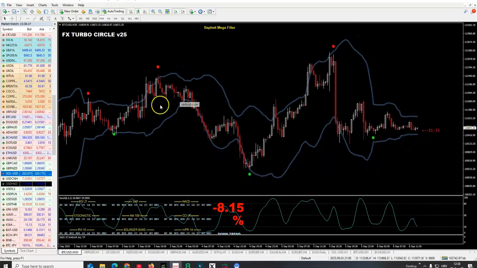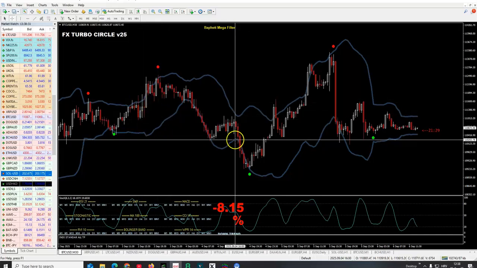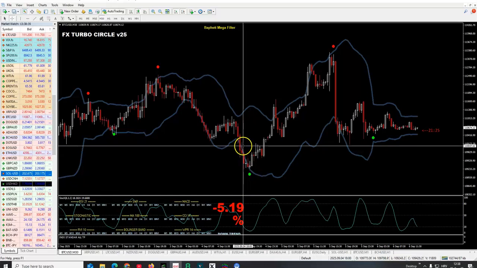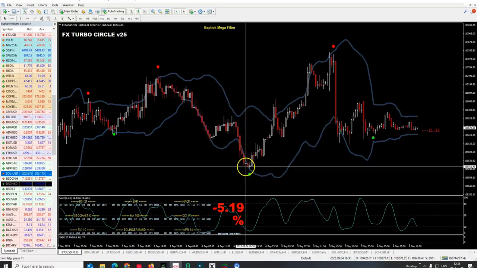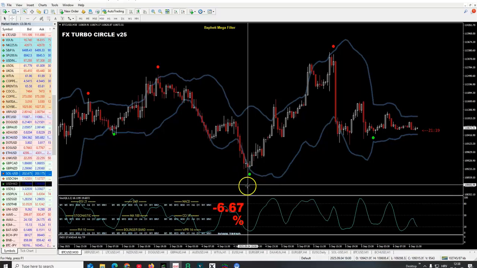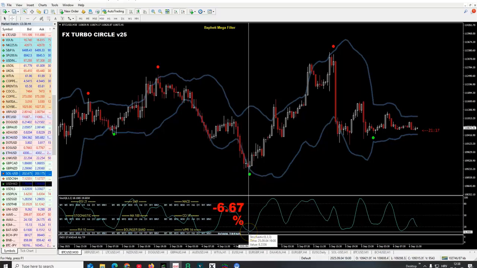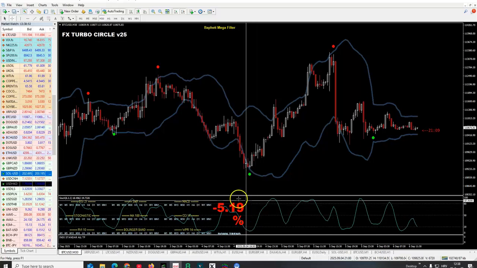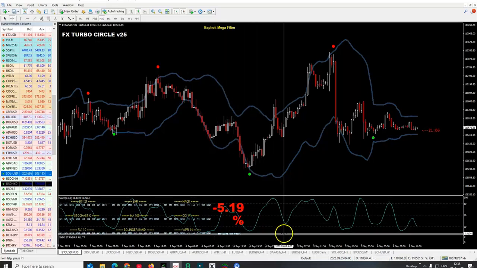This is Bitcoin and this is ideal. You see the situation here. You see a green dot. The price was outside of the bands, touching, crossing. We get an arrow. We have this oversold. And here we are waiting for crossing, and here we can enter the trade if this is green.